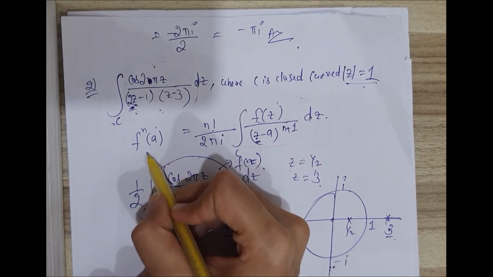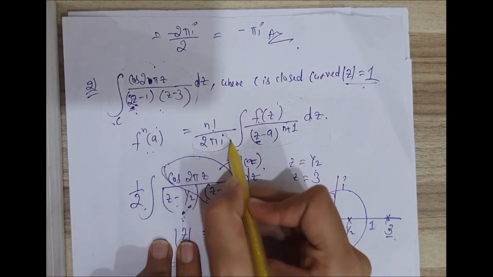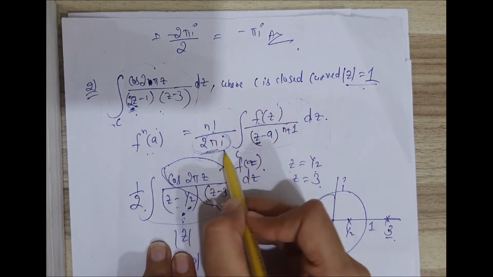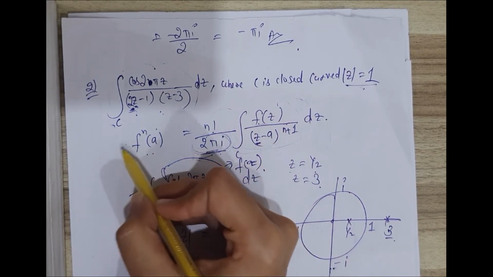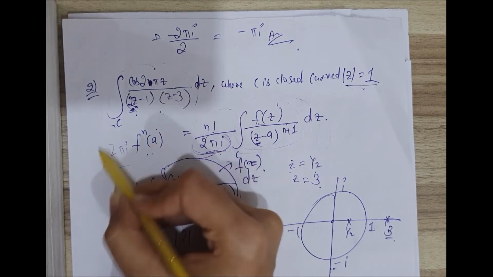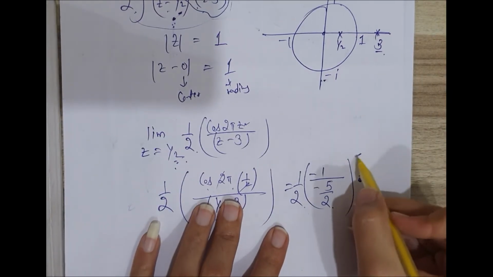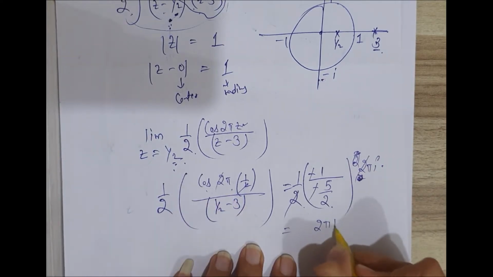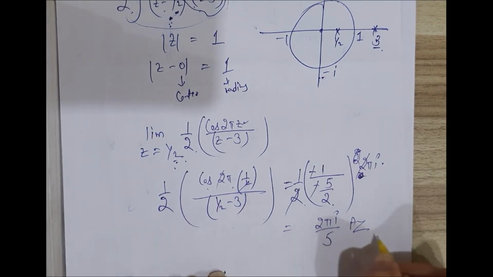Now we got f(a). Now multiply this with 2 pi i because we had this part. We don't have this part. Now multiply this with 2 pi i. This comes out to be the answer.